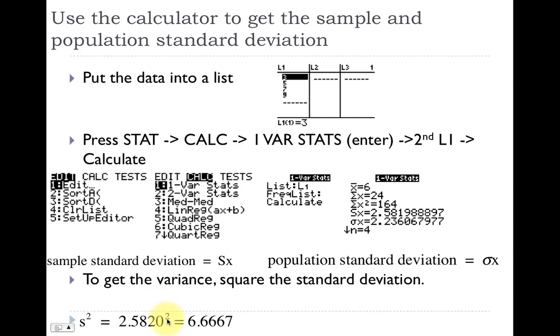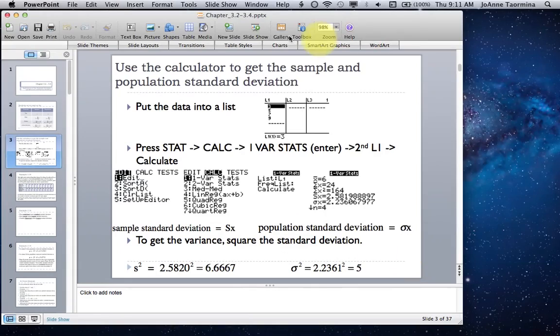If you square it, you get back the variance, which comes out to be 6.6667. And if you square the population standard deviation on the calculator, 2.2361, you get 5. So let me demonstrate how to square quantities on your calculator.